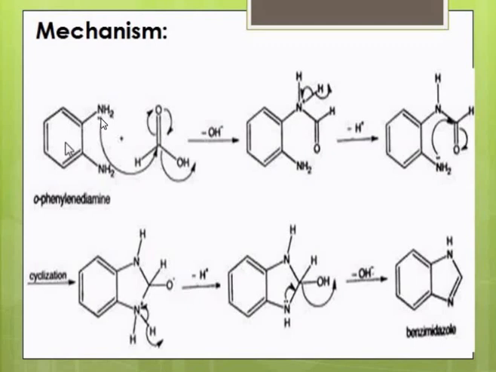Then this lone pair of electrons forms a bond from here, and this NH2 attaches here, and this proton is removed from here. Again, oxygen being more electronegative, the electrons are displaced onto the oxygen atom, and this will form a carbocation. Then a bond forms from here to here, and cyclization occurs.